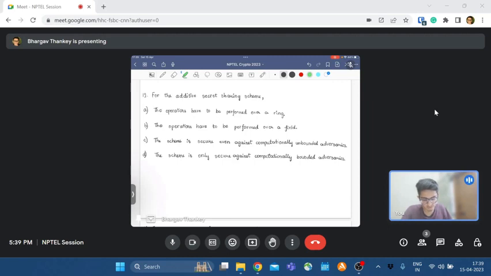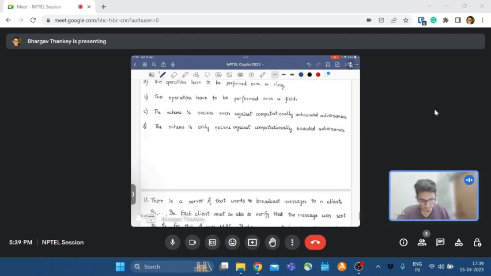Option A is the operations have to be performed over a ring. In fact, this is false. We can even perform operations over a group. So let's see why.